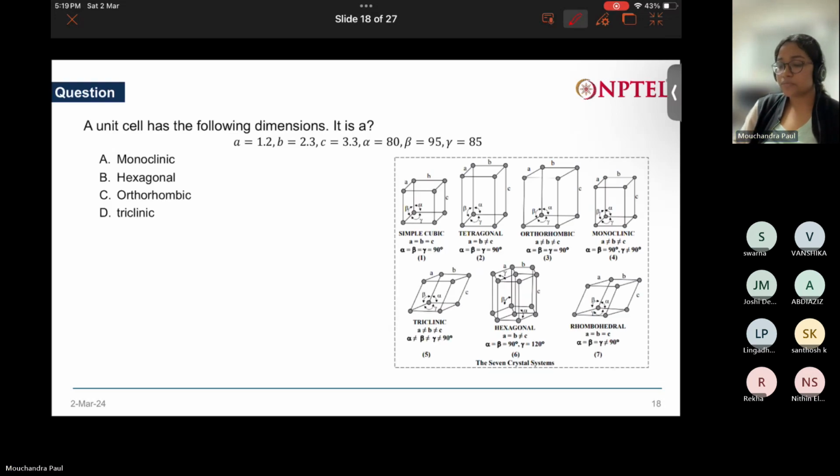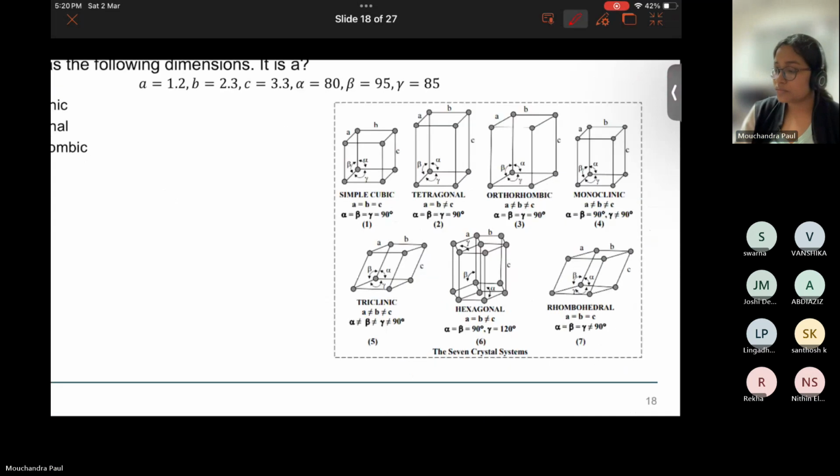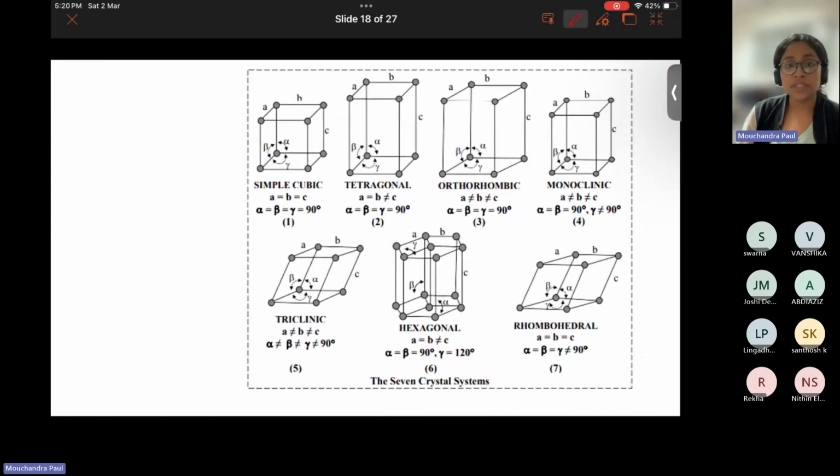Now, in this question, you are given the values of the three axes and the corresponding angles. And by looking at these values, you have to identify which crystal system it is. So first, you have to know how people define the crystal system.